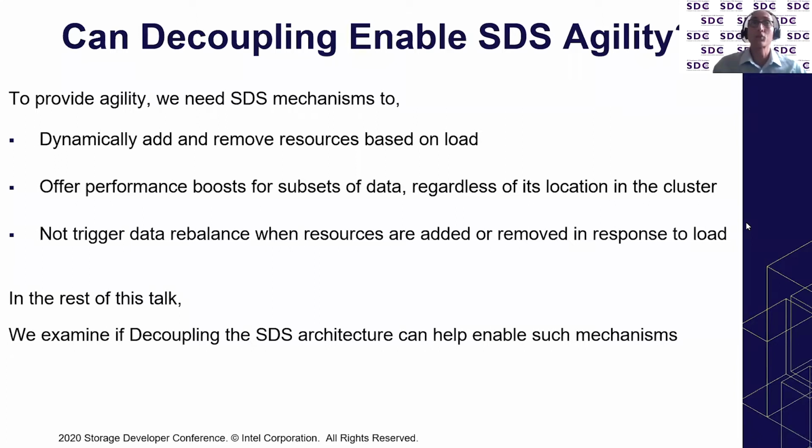We want to be able to offer performance boosts for subsets of data, regardless of where that data is in the entire cluster. And most importantly, when these resources are added or removed to respond to load, it should not trigger a data rebalance. So in the rest of this talk, we examine if decoupling the SDS architecture will allow us to provide these mechanisms in SDS.